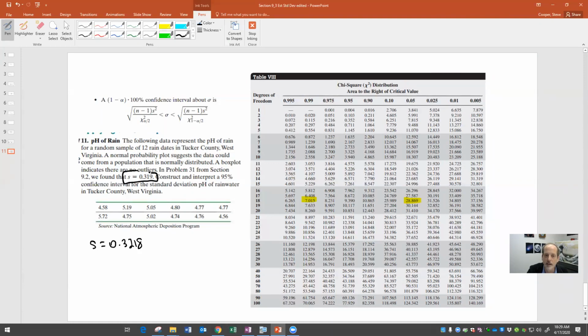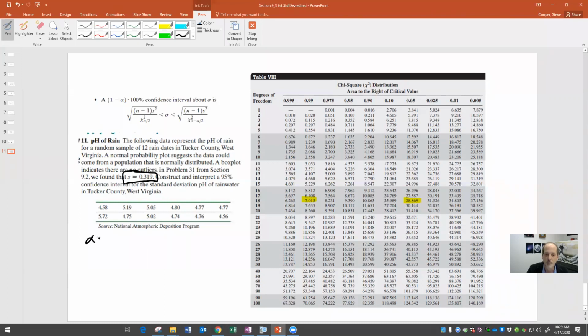The problem itself, so now you get to see it both ways. If they give it to you versus if you have to go calculate it on your own. I might have fat fingered one of these. This says S equals 0.319. And we're going to construct a 95% confidence interval.